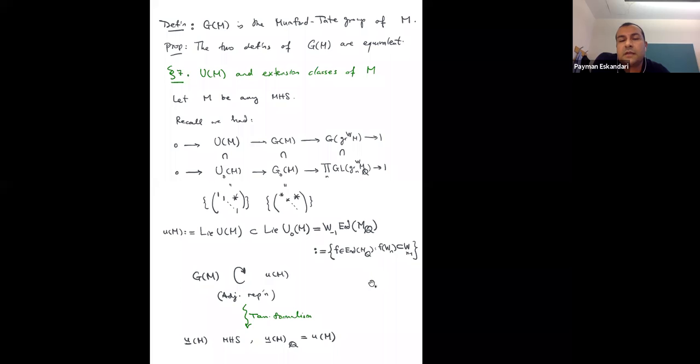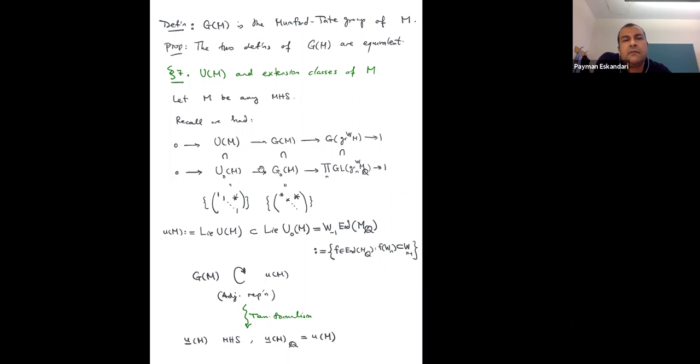Or, to be more precise, it's the endomorphisms of the underlying rational vector space which drop the weight filtration by 1. So they send W_n to W_{n-1}. I'm going to call this thing W_{-1} of End M. So u_M is a sub-Lie algebra of this thing.